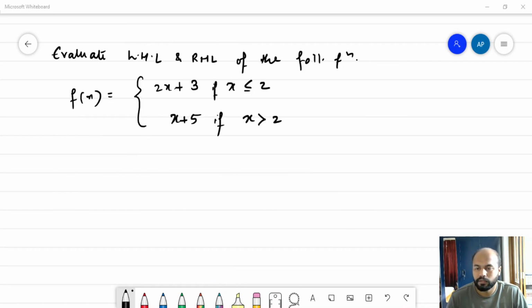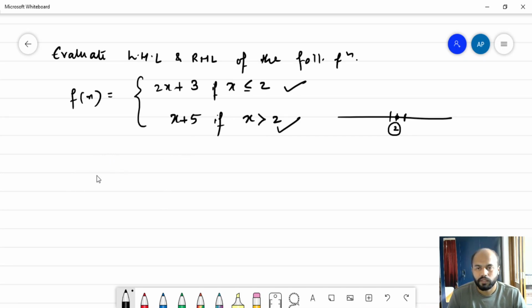Let's take another example. Now we've been given a combination of two functions. So basically the two functions are combined and it is given as one function. If I take 2 as the point, then to the left of 2 and at 2 it is defined as 2x plus 3, and to the right of 2 it is defined as x plus 5.